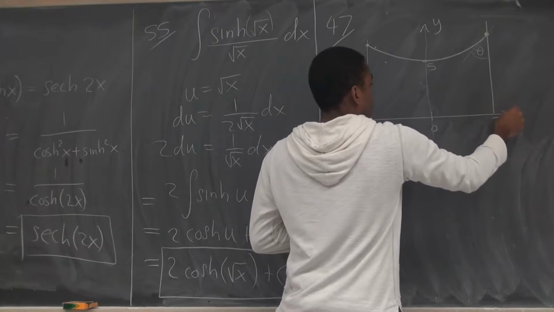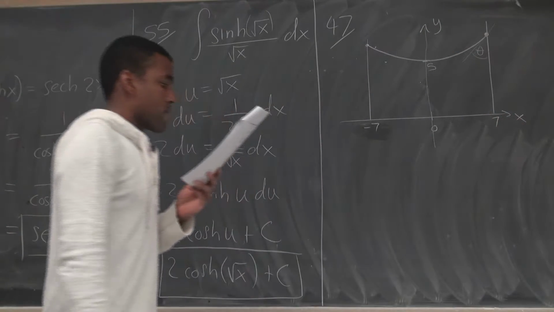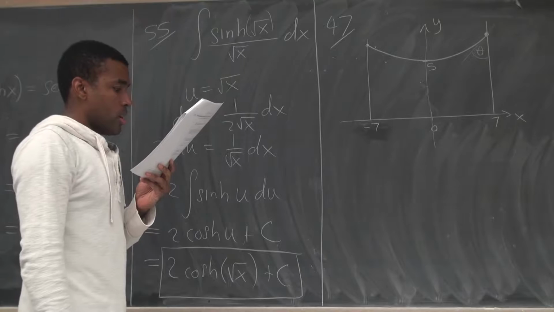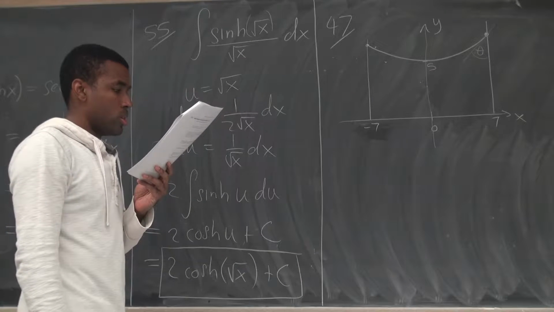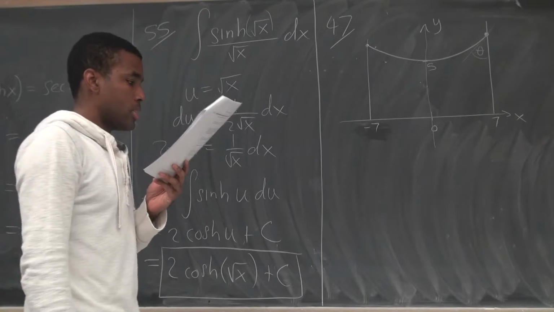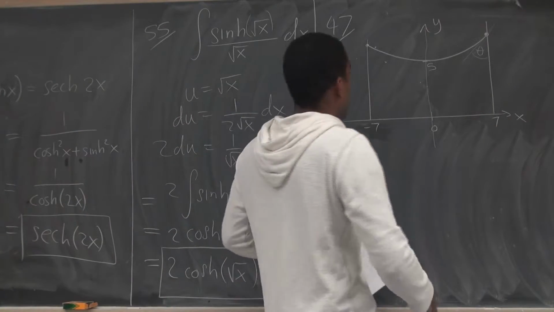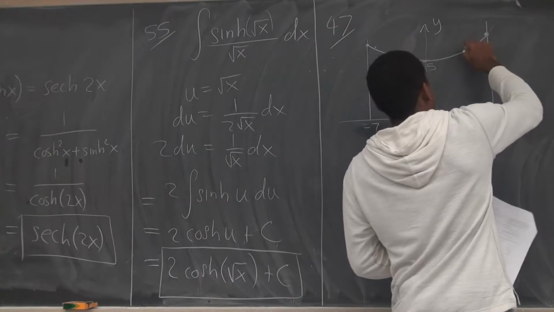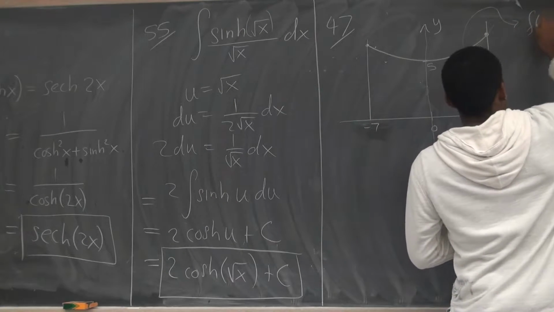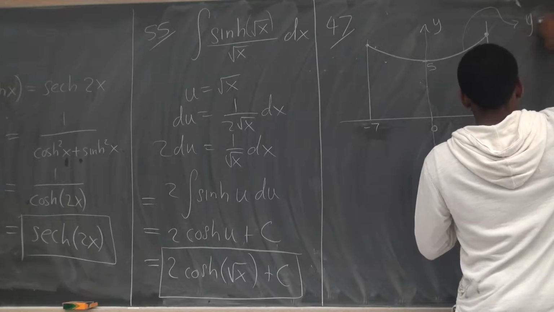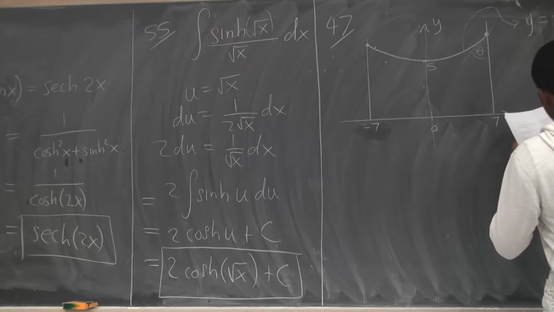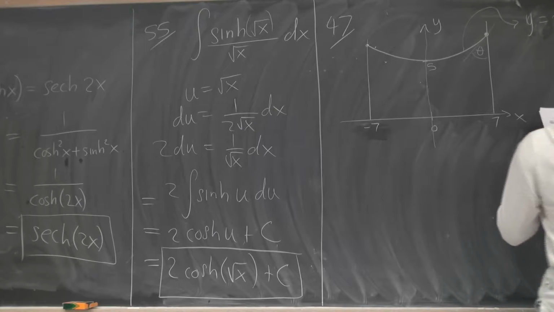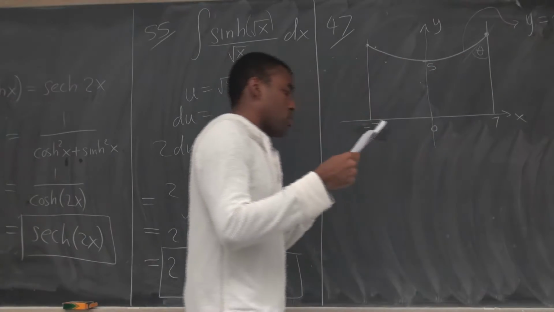That's your y-axis, that's your x-axis. And so it says the telephone line hangs between two poles 14 meters apart in the shape of a catenary. So that's the equation of this function here. This is f of x or y equals 20 cosh x over 20 minus 15, where x and y are measured in meters.